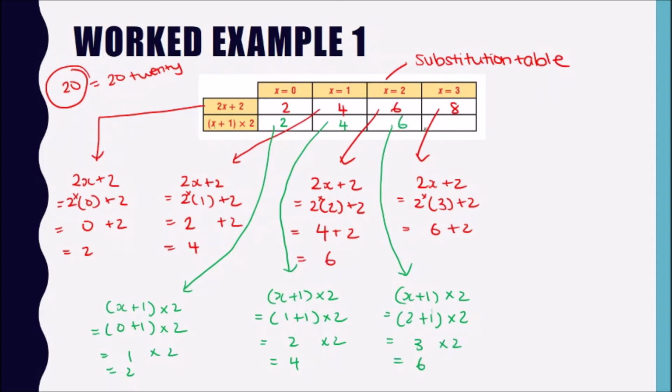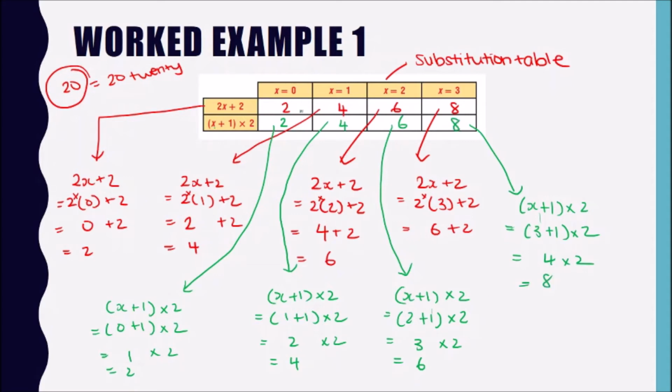Okay, we can see a pattern here. Now, I could presume that this one is 8 as well, but I will double check. So this is when x equals 3. So we put 3 down as x plus 1 times 2. So 3 plus 1 is 4 times 2, which equals 8.